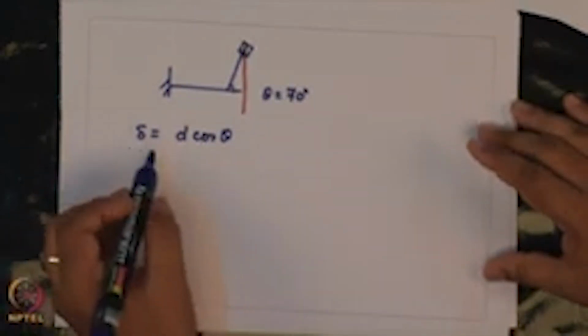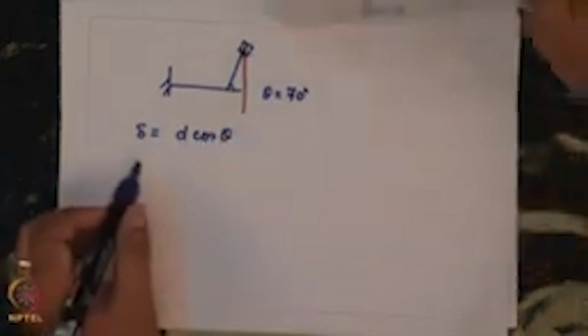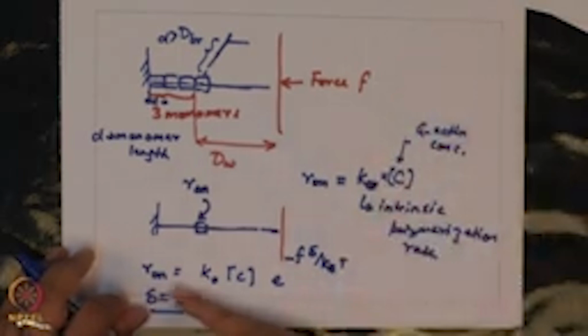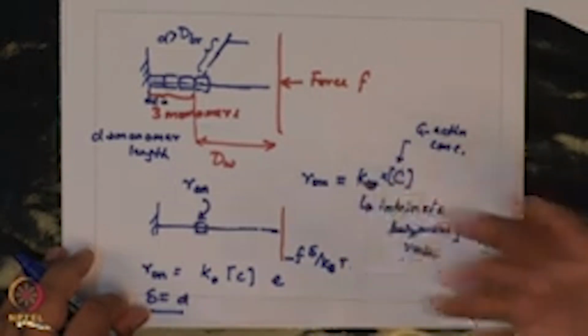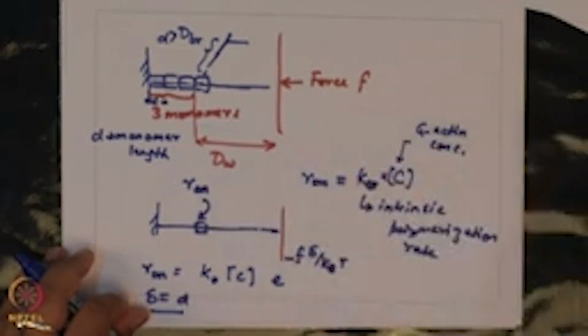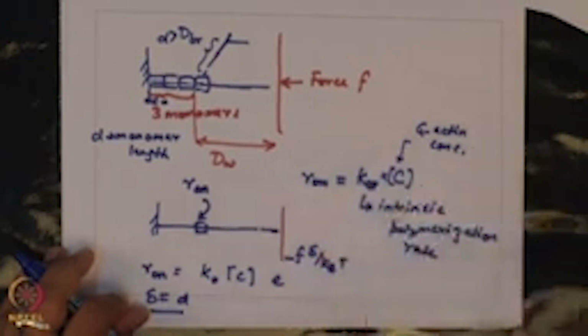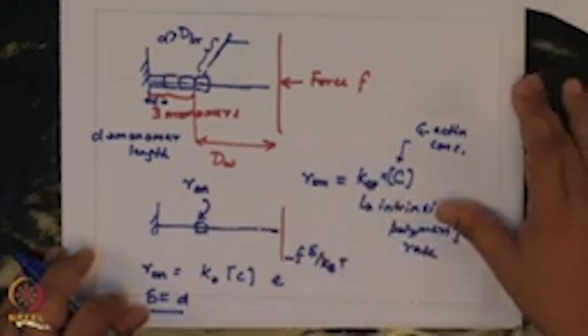So, delta can be different. If you look at the functional dependence here, if there is a humongous amount of force restricting the wall, then the rate of addition is almost close to 0, e to the power minus f delta. But if f is small, then probably that wall can be pushed back.